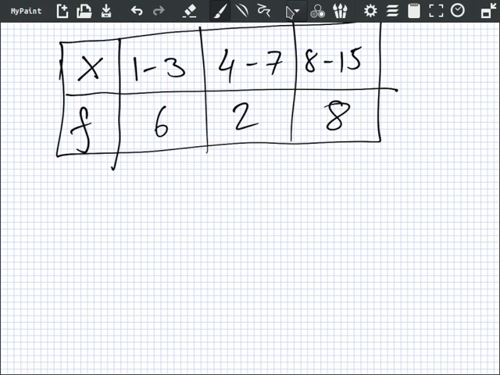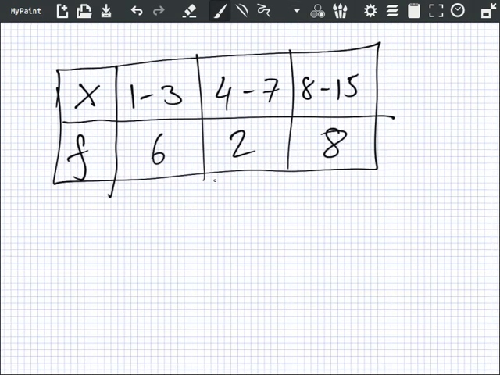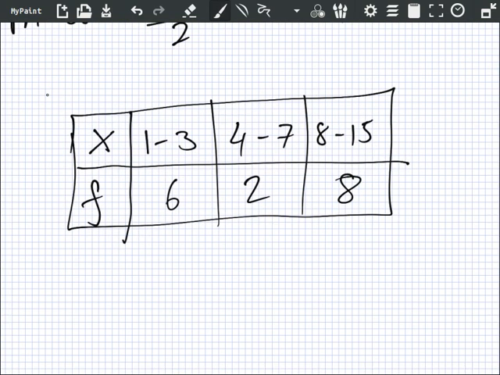Yeah, but we don't know what X is. I'm just telling you X is between 1 and 3. That's it. What you can do is you can estimate by using the middle values. So if you have some numbers between 1 and 3, 1 plus 3 over 2 is 2. So you think, okay, I think these 6 numbers will all be roughly equal to 2.